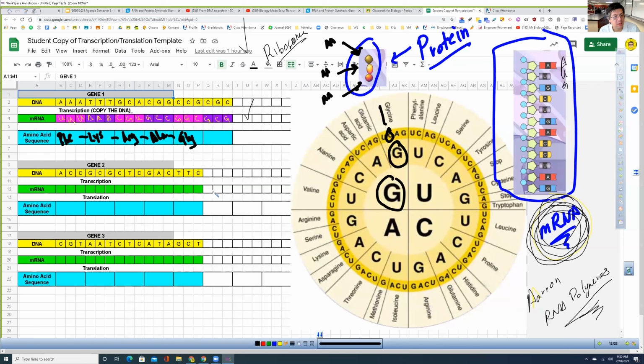Glycine. All right. And finally, the last code, GCG. What amino acid is he gonna add? Alanine? Okay, let's check it out. GCG. Very good.